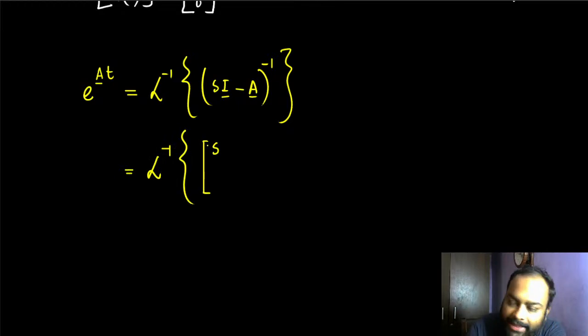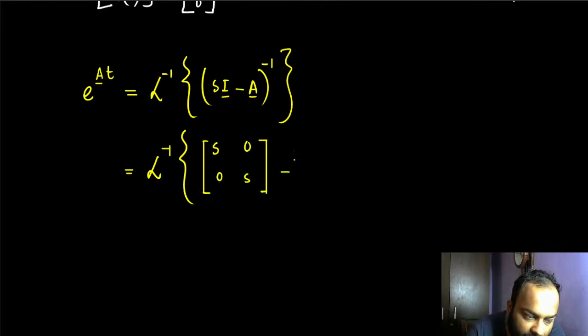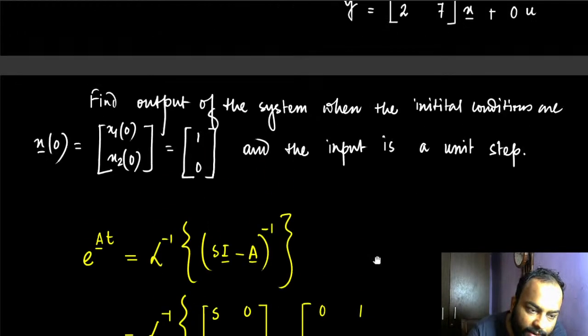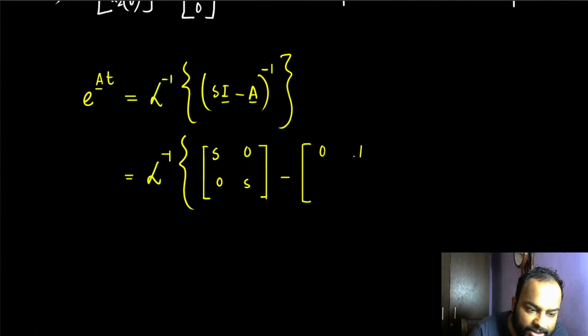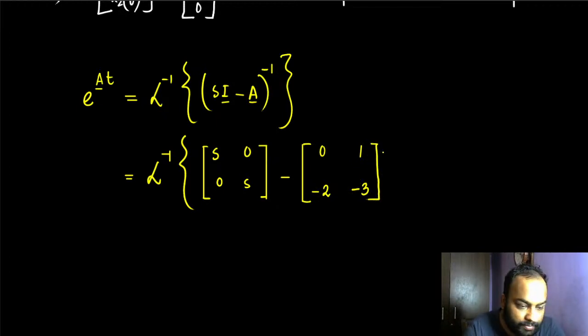I is [1 0; 0 1], so sI is [s 0; 0 s], minus, what is the matrix A? A was [0 1; -2 -3].